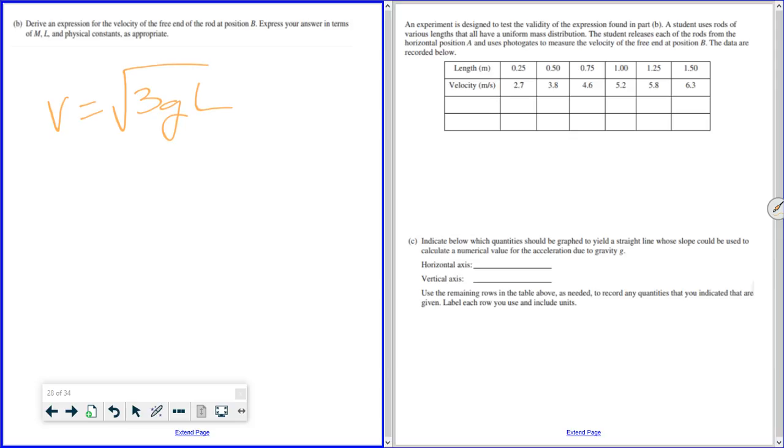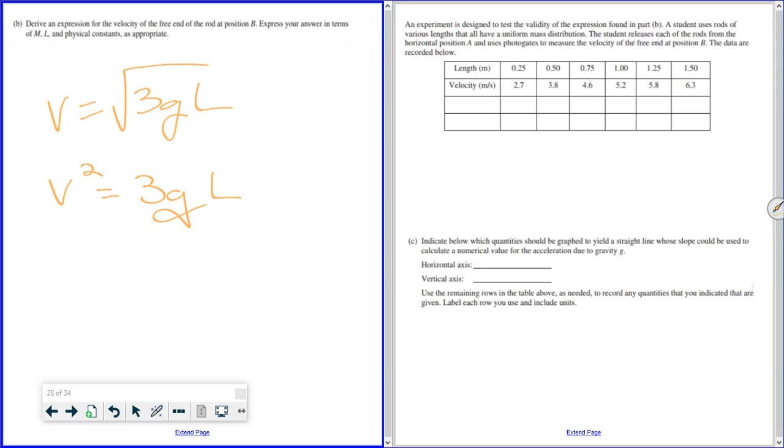I will turn this into a linear equation. Is it linear right now? No, because you've got a square root, right? So what should I do? Square it. Okay, so v squared equals 3gL. And I need to get this in the form y equals mx plus b, where b is 0, right?